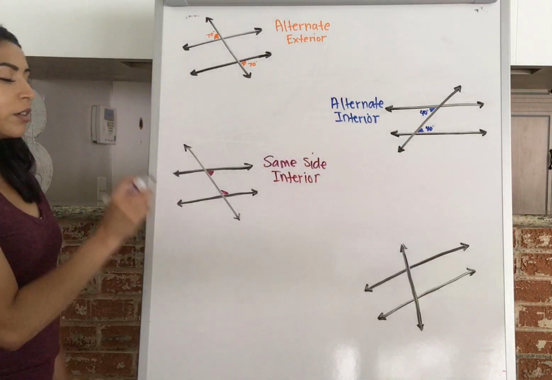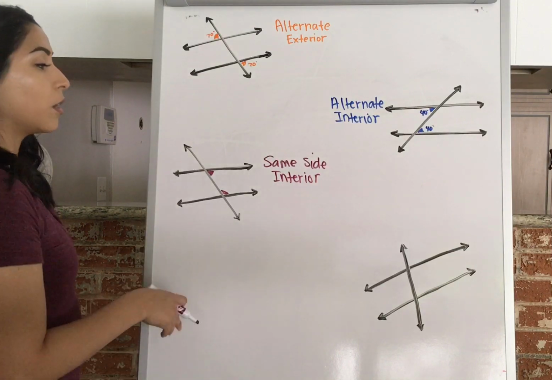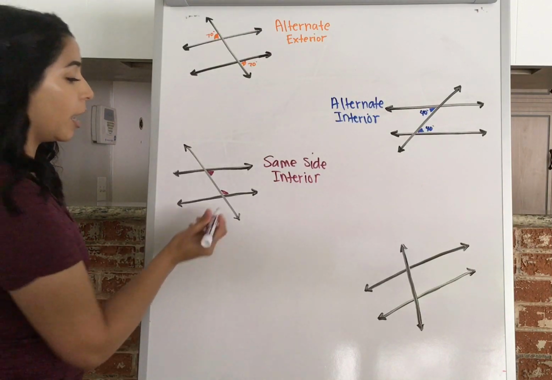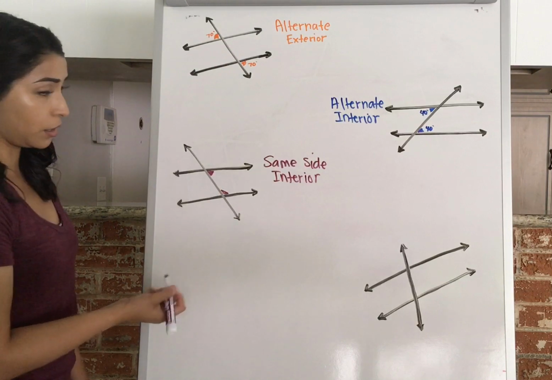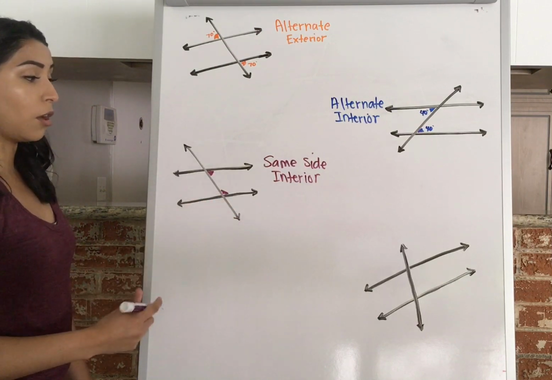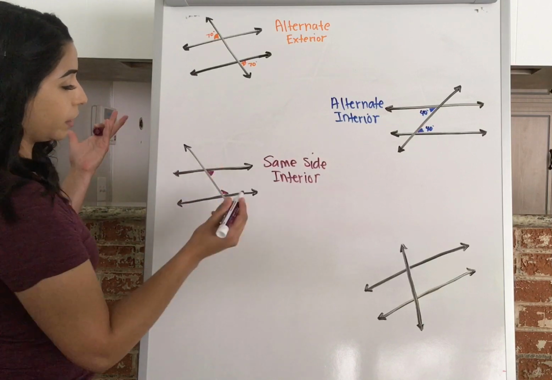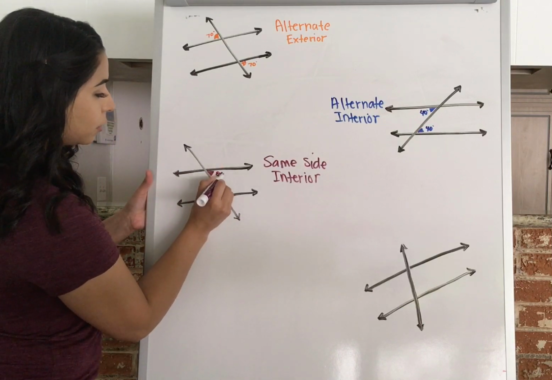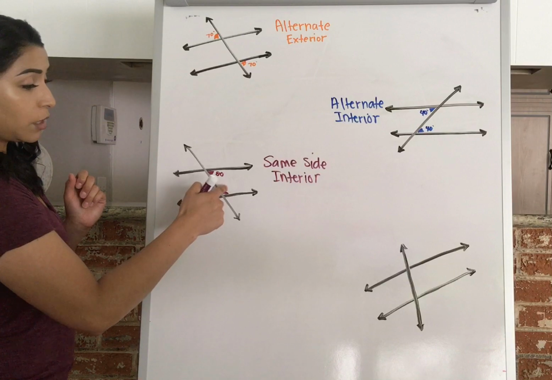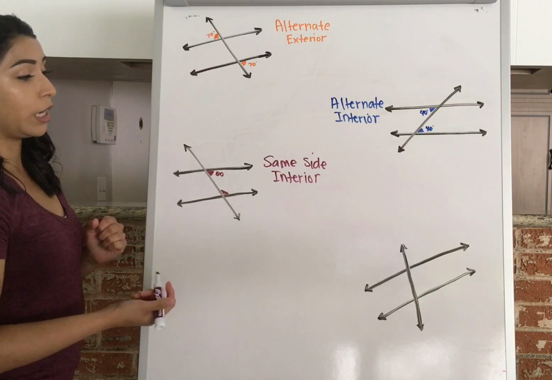Okay, so these ones are not equal, but they are supplementary, so they add up to 180 degrees, which means that's pretty easy to solve. So let's say I know that this angle is 80 degrees. Well, then this one better add up to 180 degrees total.